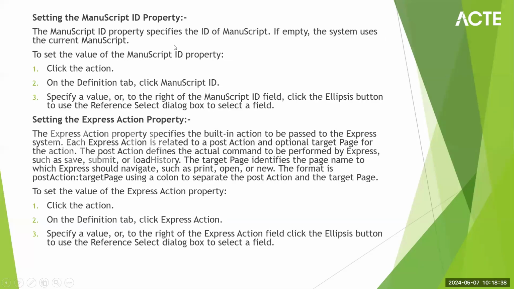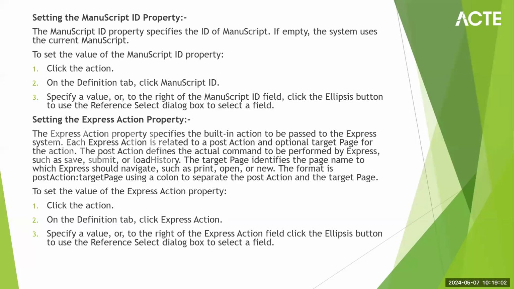Setting the manuscript ID property. The manuscript ID property specifies the ID of the manuscript. If empty, the system uses the current manuscript. For example, you have done the coding of the particular button in some other manuscript. In that case, the ID of that manuscript will be displayed.